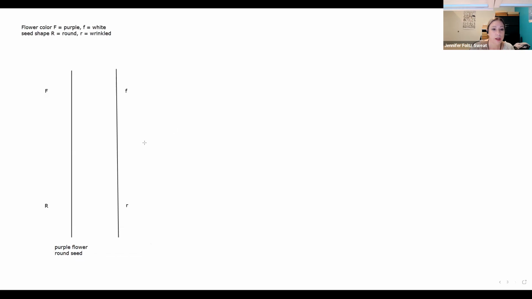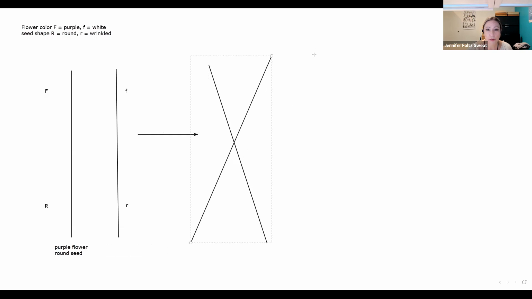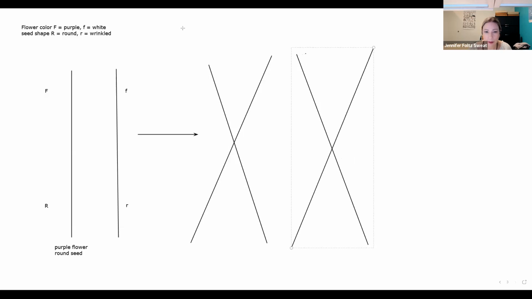Now let's go back and look at DNA synthesis. Remember, this occurs during S phase of the cell cycle. And we now are going to have sister chromatids in addition to homologous chromosomes. So sister chromatids, remember, are identical.